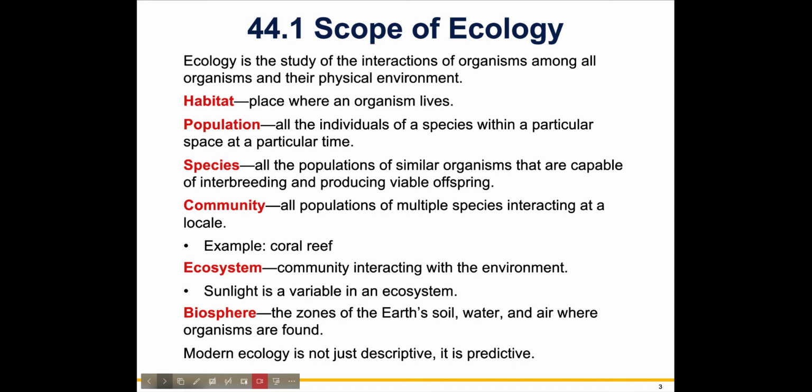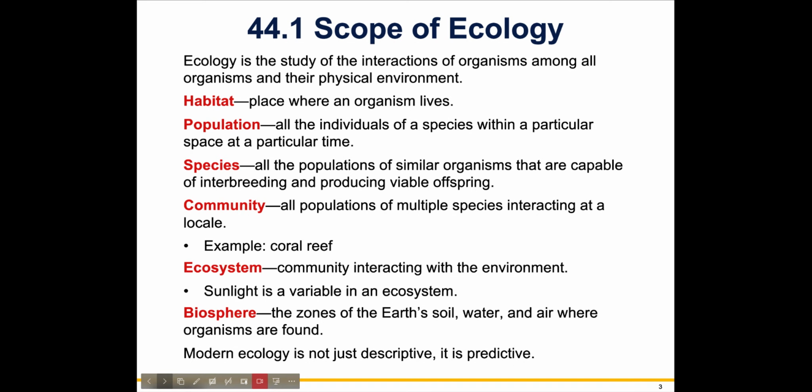Then we've got an ecosystem. That is going to be our community and all the non-living stuff, or how the community interacts with the environment. So we may have something like sunlight or even water quality, how much dissolved oxygen or salt is on something like that coral reef. That would then make it bigger and into our ecosystem.